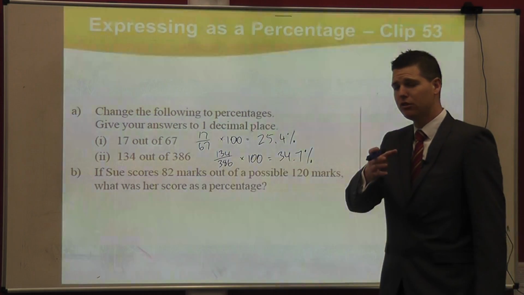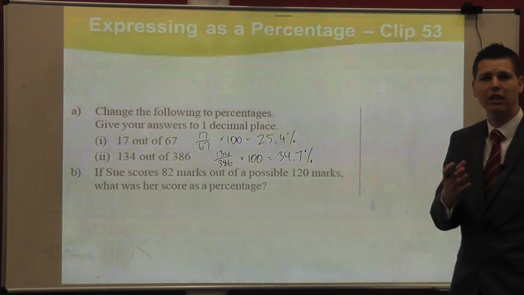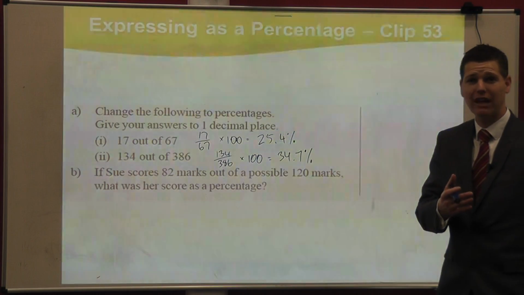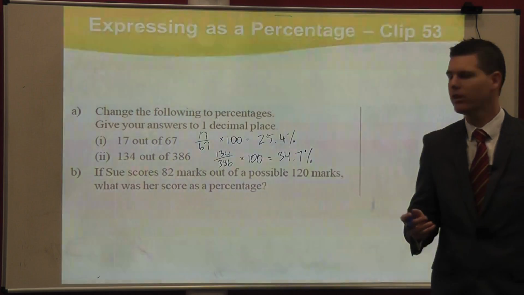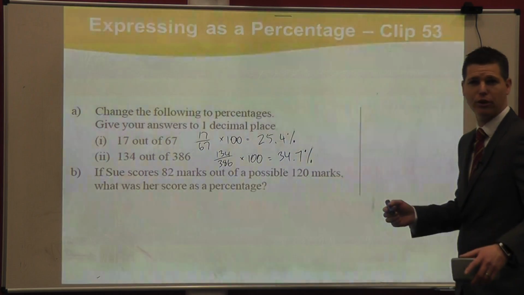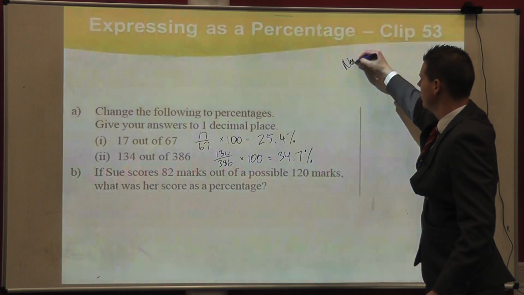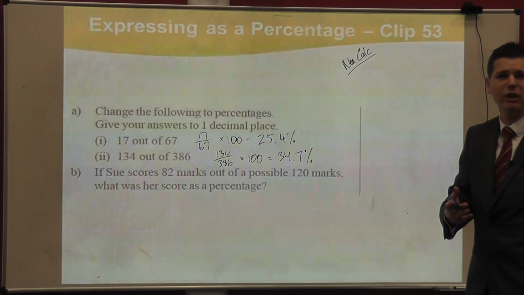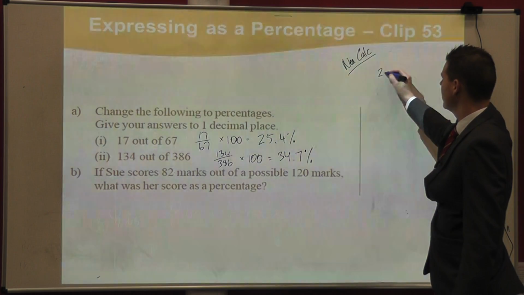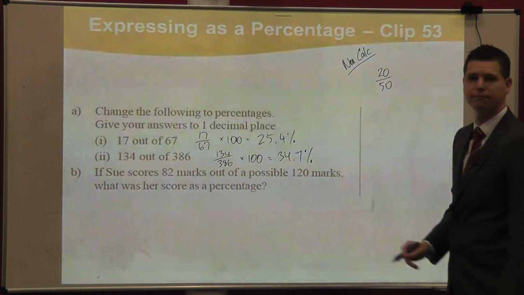Again, this is one of those skills that could come up on a non-calculator paper, and if it comes up on a non-calculator paper, you do it slightly different, but actually no more difficult. So just quickly, I'll show you how to do it non-calculator style. If I was to get given a question, say like this, say 20 over 50.